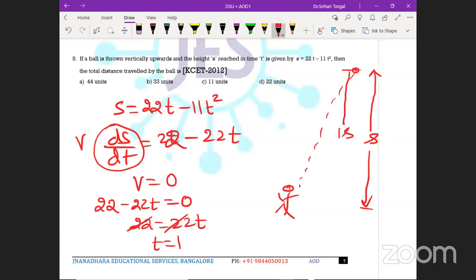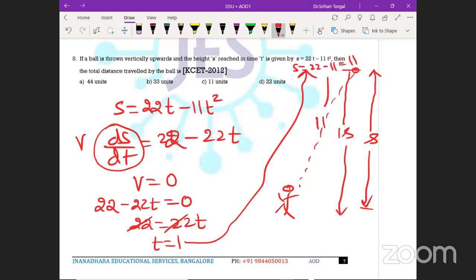Ball ಎಸೆದಿರೋದು 1 second ಅಲ್ಲಿ maximum height reach ಆಗಿದೆ. Then what is the distance covered by the ball to reach the maximum height? You have to substitute this t here. That is s is equal to 22 minus 11. What is that? 11.